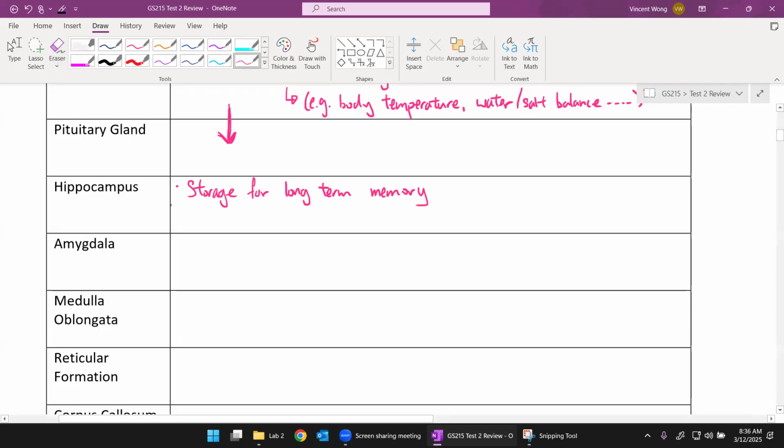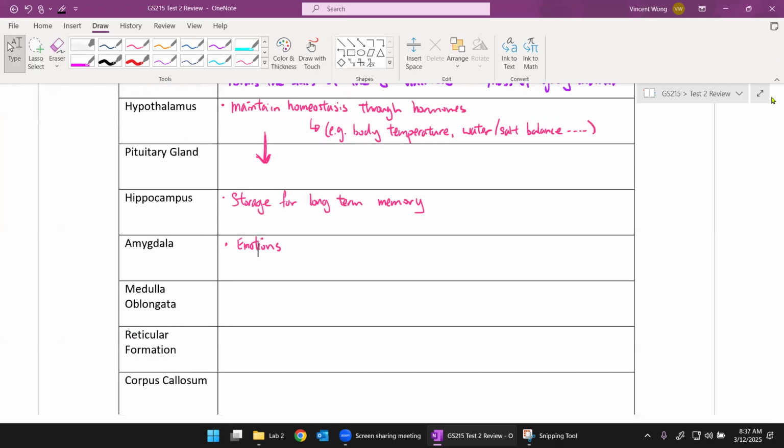Next we have amygdala. Amygdala is for emotions: sadness, anger, happy. These are all coming from the amygdala.